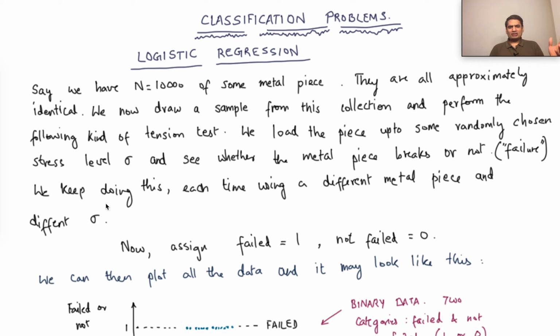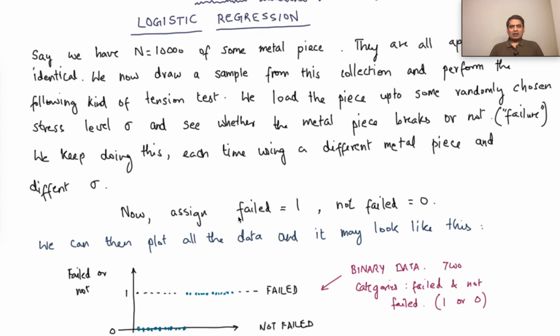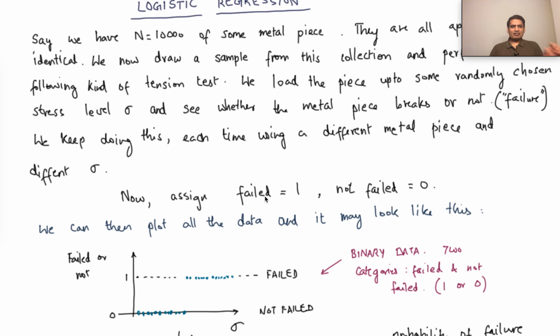And then we keep doing this for all the samples in this collection of 10,000 samples of this metal piece. So we have essentially 10,000 data points, and if the piece of metal fails, you say the output of that experiment is 1, and if it's not failed, the output of that experiment is 0.